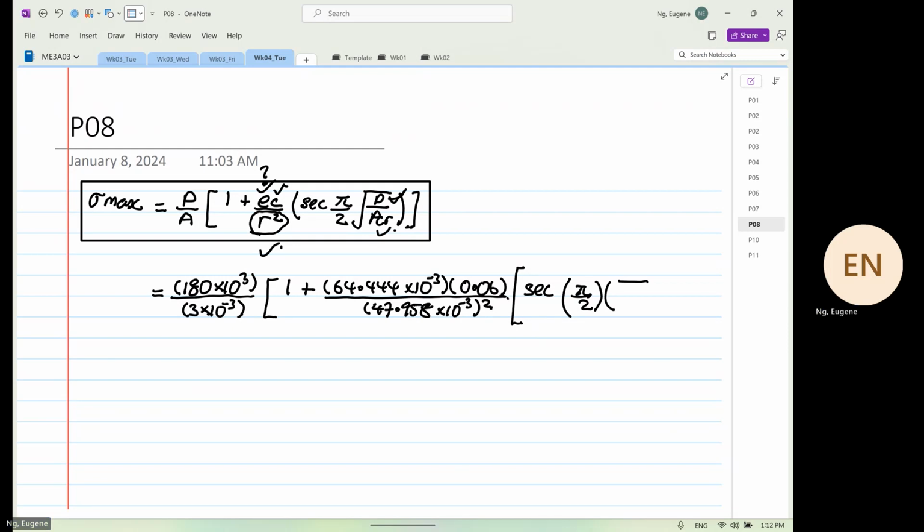Square root of P, which is equal to 180 times 10 to the power 3, divide by 772.122 times 10 to the power 3, close bracket. Okay, what is the second value? Come on, someone press your calculator and tell me.